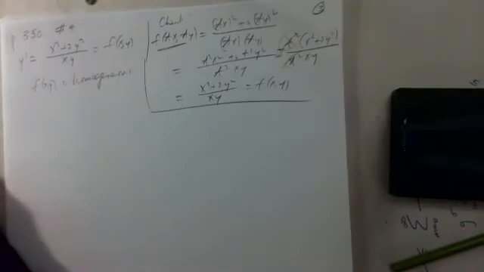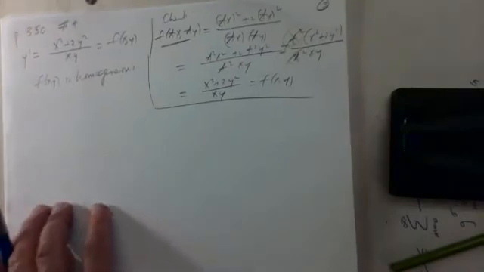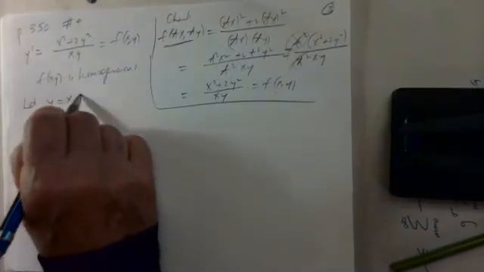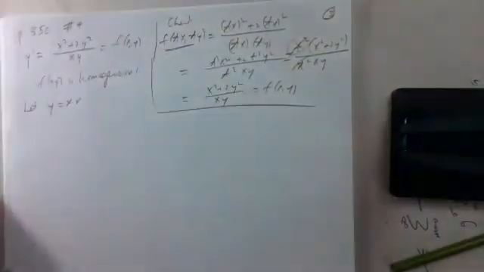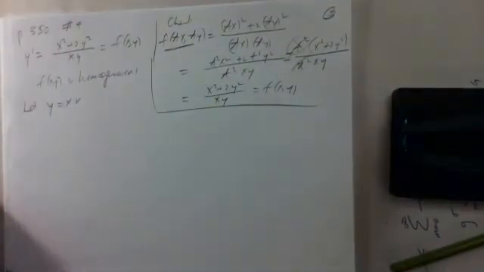And the technique that the book is giving in this section for solving a homogeneous equation is to let y equal x times v. So we introduce a new function v defined to be y over x.